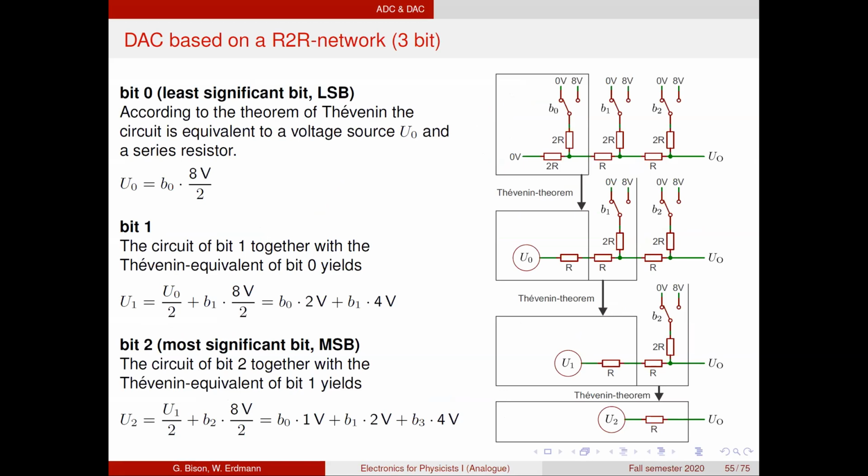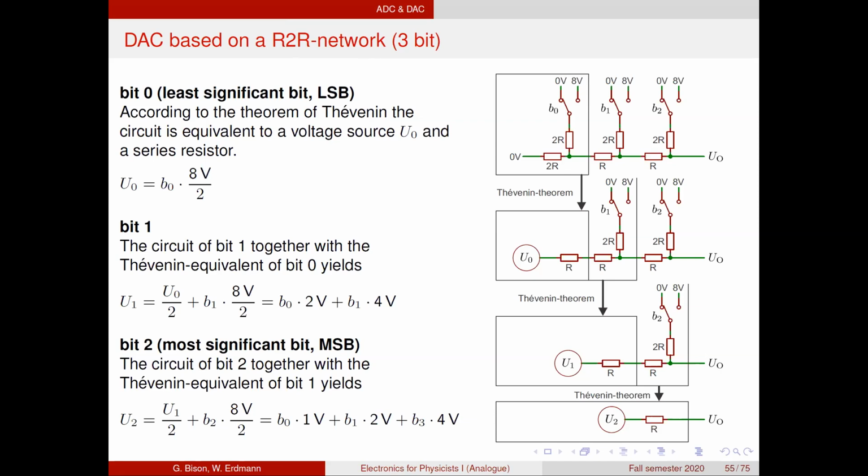So to combine the advantages of stages where we don't have exponentially many components, but by keeping the system in a way that we don't need orders of magnitude different resistors. It's called the R2R network.